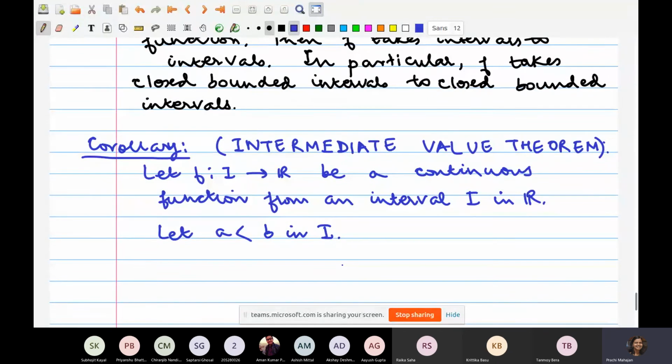So let's look at the points, their images under f. Those are f(a) and f(b).